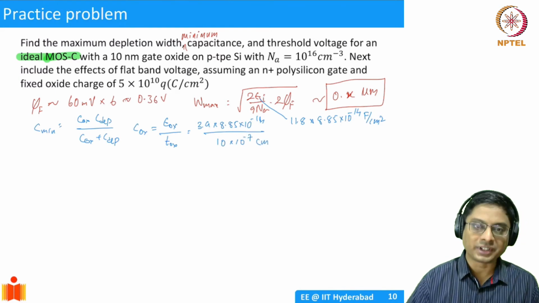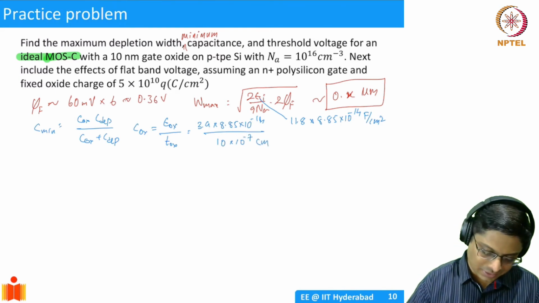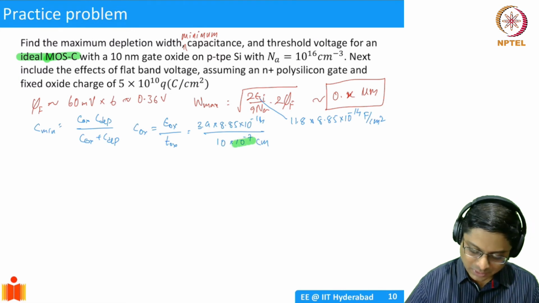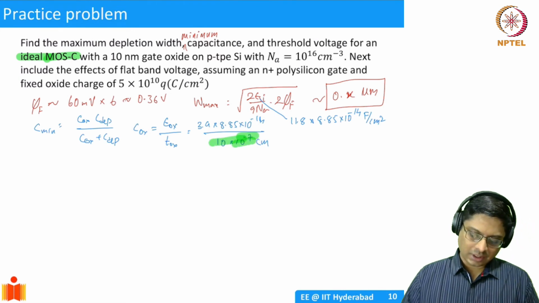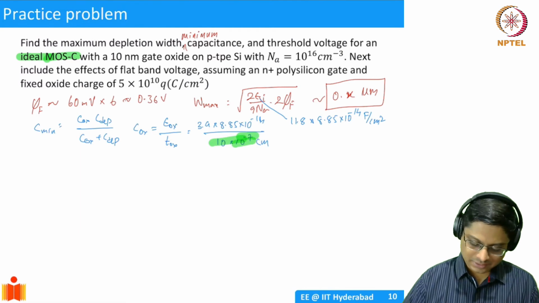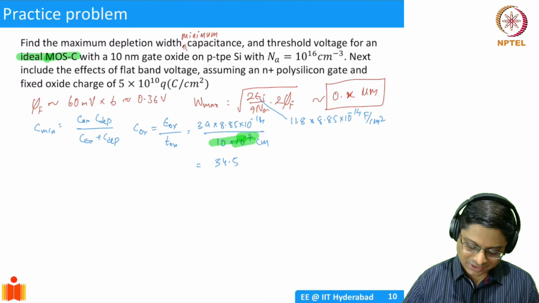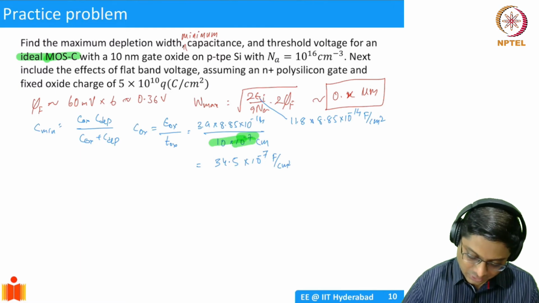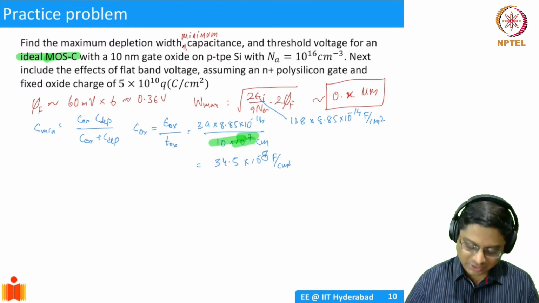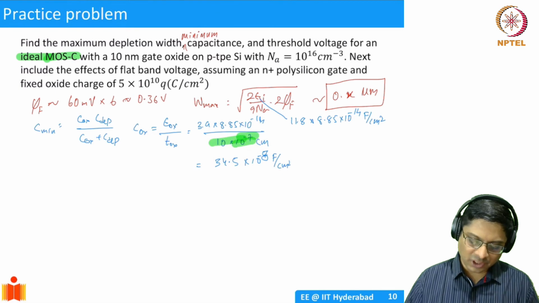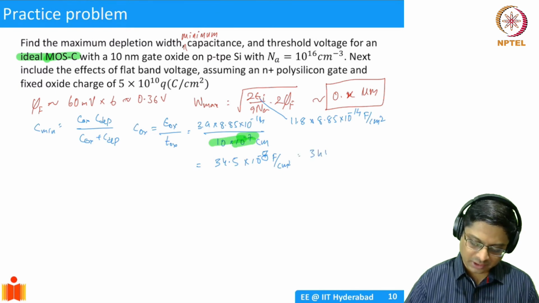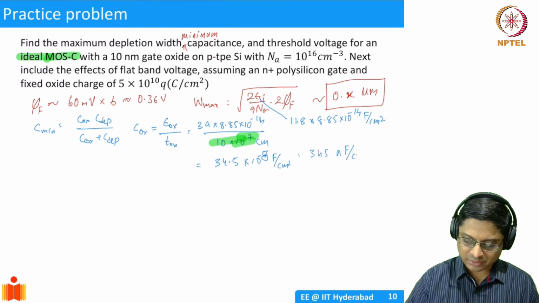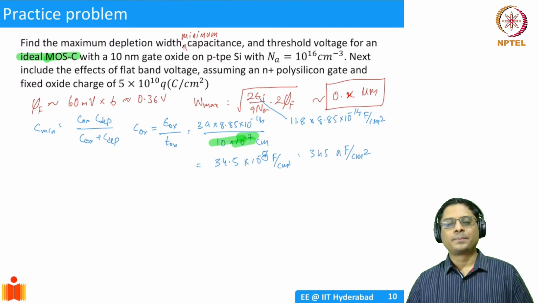We need to write it in centimeters, not in nanometers, so we put 10 power minus 7. If you calculate this, the first term will be 34.5, into 10 power minus 7 farad per centimeter square. Oh well, there's a 10, so this should be 10 power minus 8. So it will be 345 nanofarad per centimeter square. Okay, good.